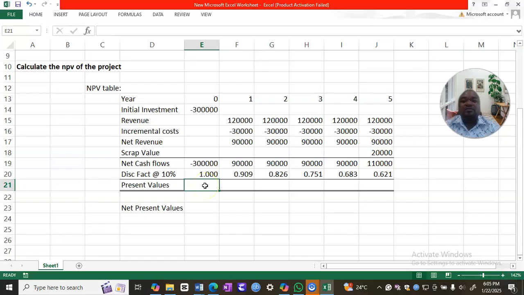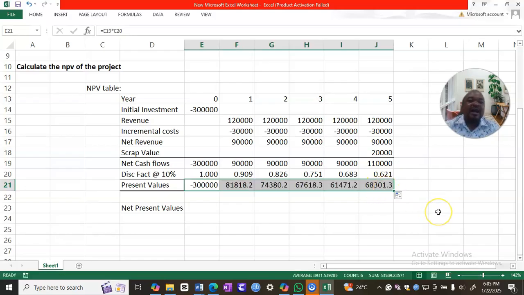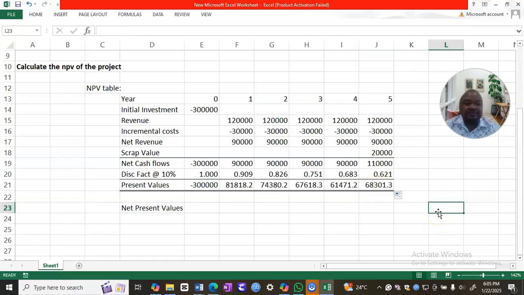So in year 1, we're going to have this one multiplied by the discount factor, and we'll get negative 300,000. We drag the formula so that it will apply to all the cells.